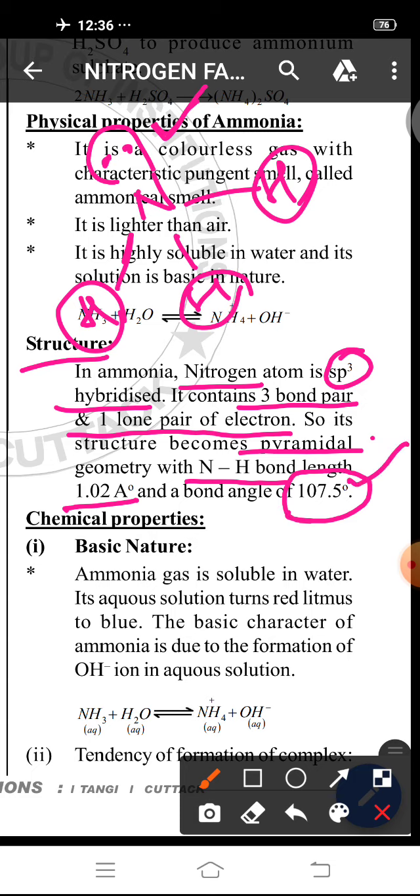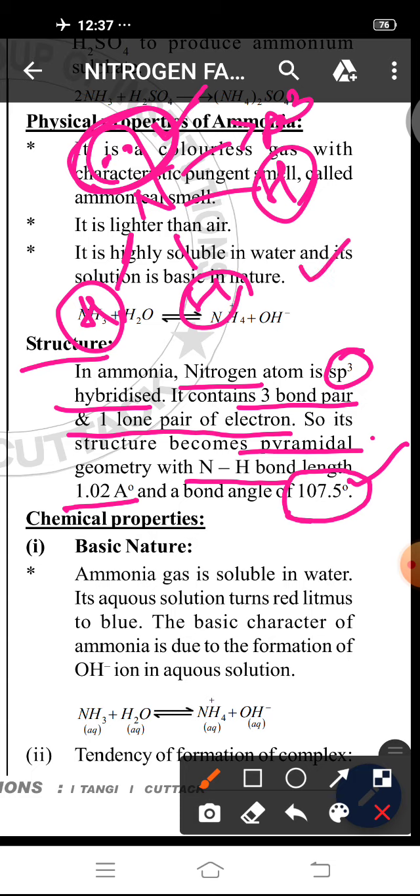This is the bond angle of ammonia, and in ammonia the nitrogen atom is sp3 hybridized, but due to the presence of one lone pair of electrons, the structure becomes pyramidal instead of tetrahedral.